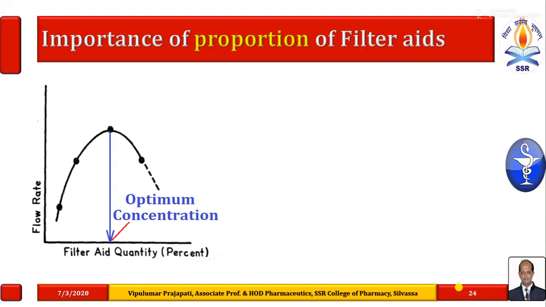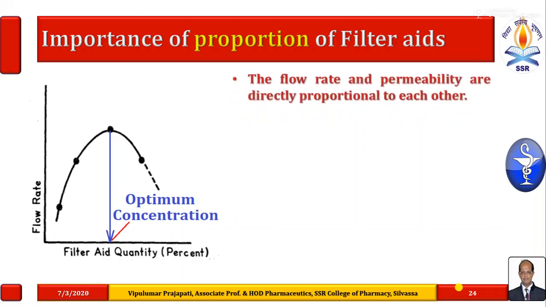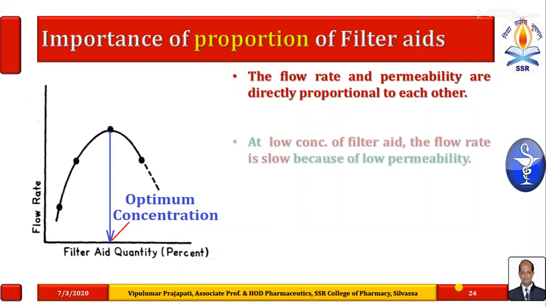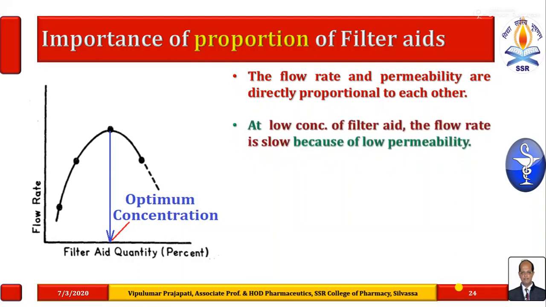So how can we interpret it? The flow rate and permeability are directly proportional to each other. At low concentration of filter aid, the flow rate is low because of low permeability.